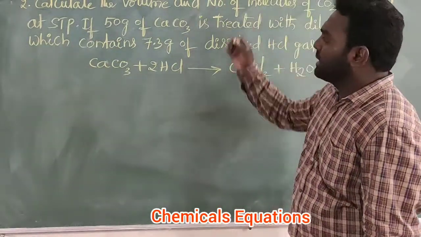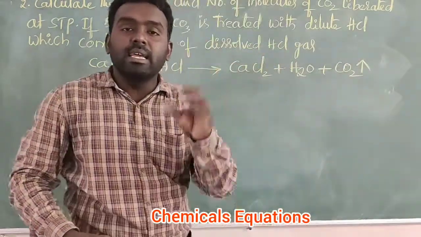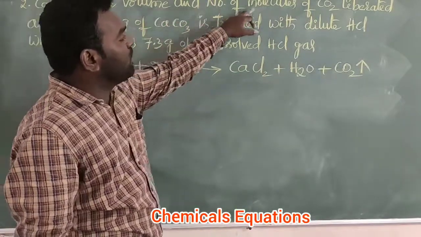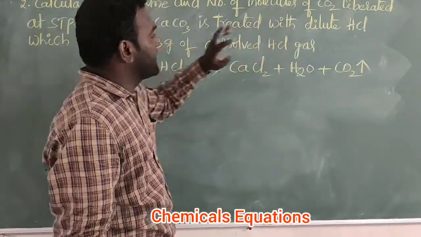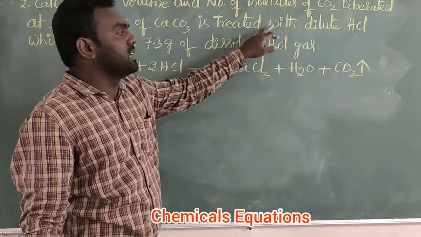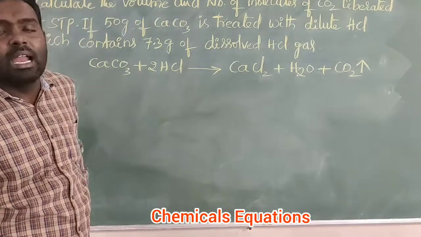Coming to the point here, next we will identify the relationship between the reactants and products. By reading the question, the number of molecules of carbon dioxide liberated when 50 grams of calcium carbonate is treated with dilute HCl.